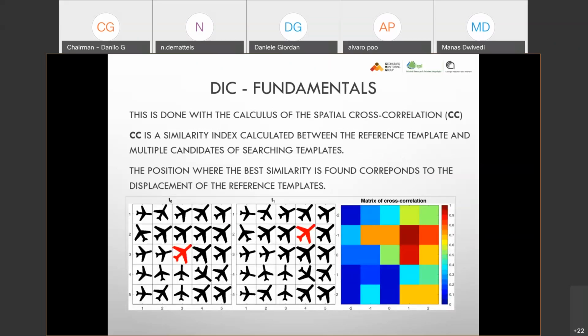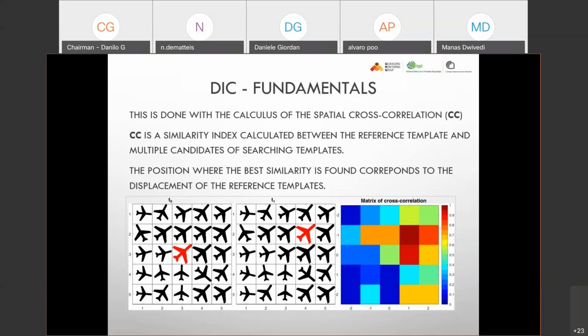We can calculate a similarity index between the reference tile, that is the red one in this case, and every possible position in the second image. Then we obtain a matrix of similarity, and the position where this similarity is maximum corresponds to the displacement of this tile.